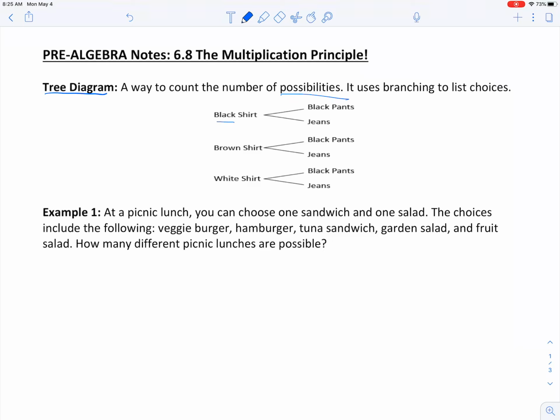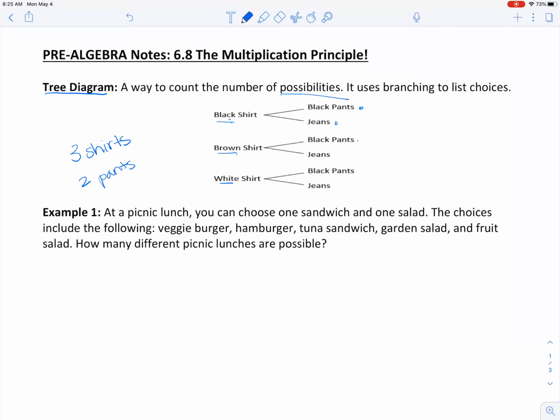So for example, if I wanted to think about what I could wear today, and I had a black shirt, a brown shirt, and a white shirt. So I have 3 shirts, and I have 2 different pairs of pants, okay? I either have black pants or jeans. So I could wear a black shirt with black pants, or my black shirt with jeans.